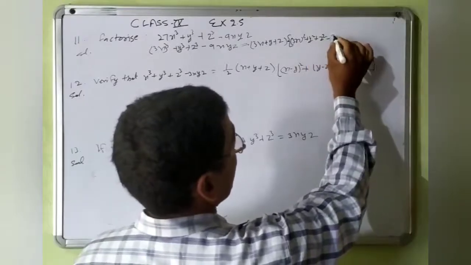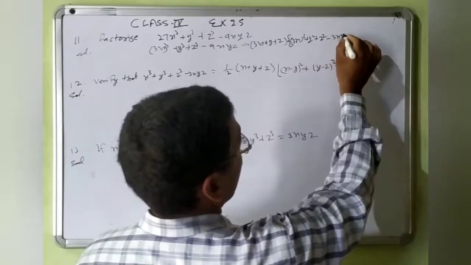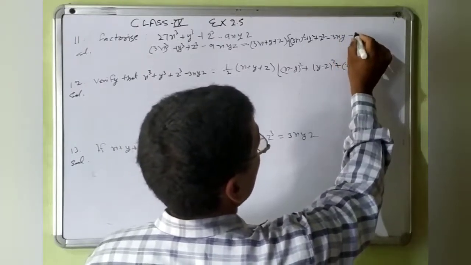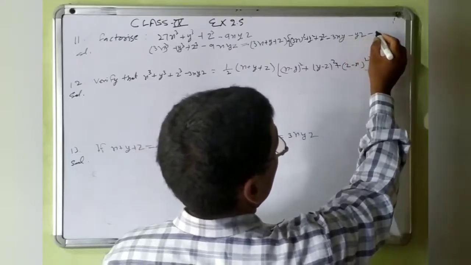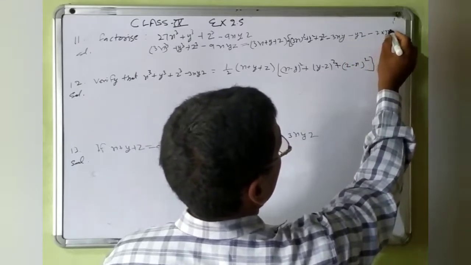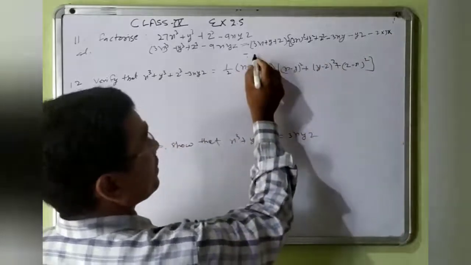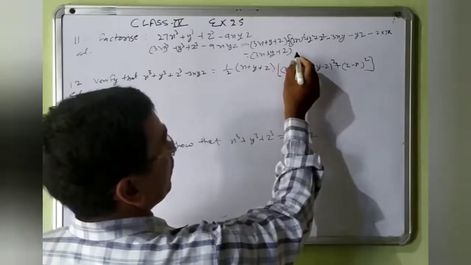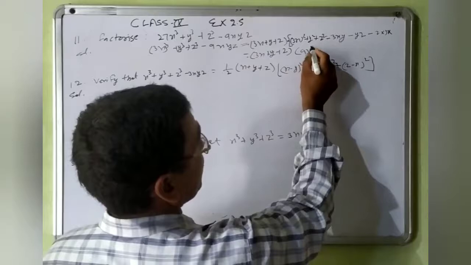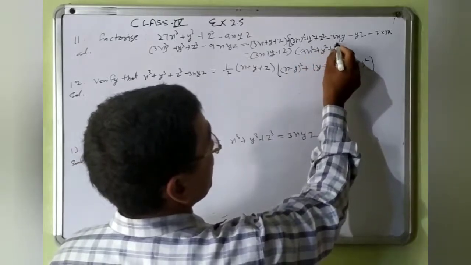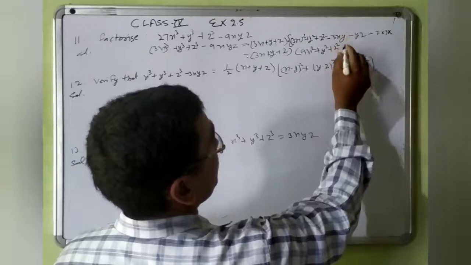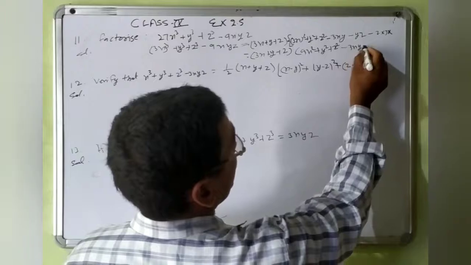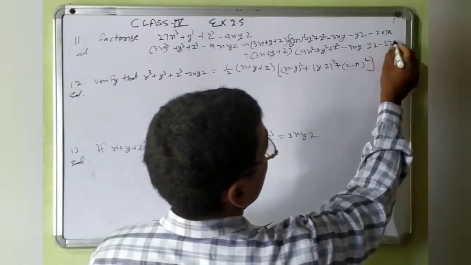Xy means in the place of x, 3x, multiplied by y, so write this, and minus yz minus zx, z multiplied by 3x. So in the second step, this bracket will remain same, 3x plus y plus z, and 3 3 is 9, x square plus y square plus z square minus 3xy minus yz minus 3zx.